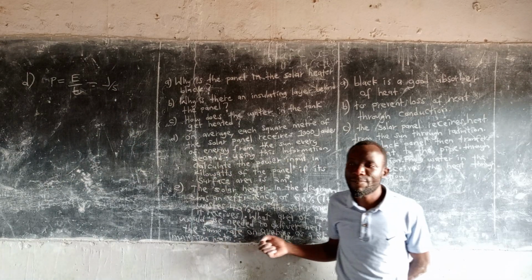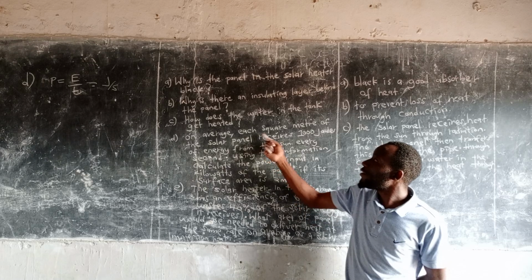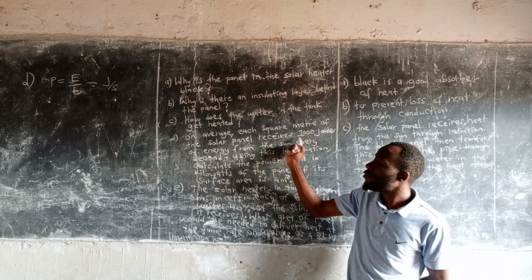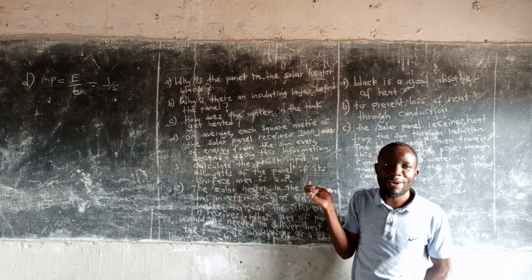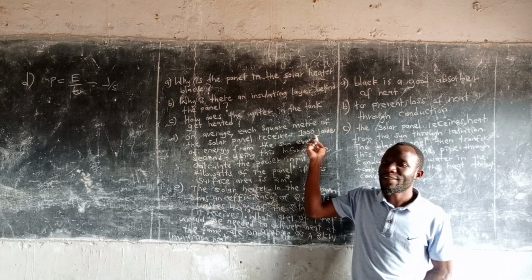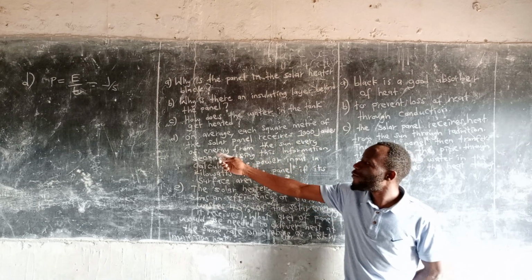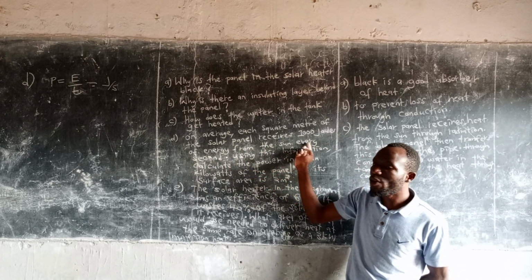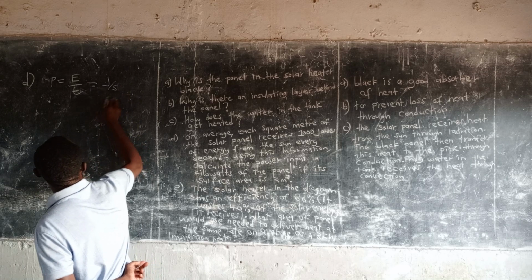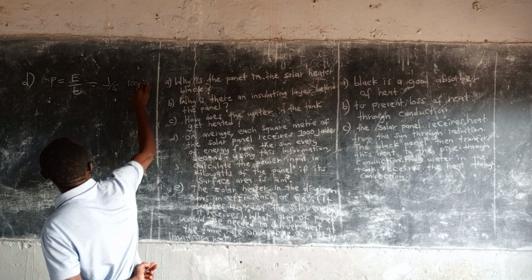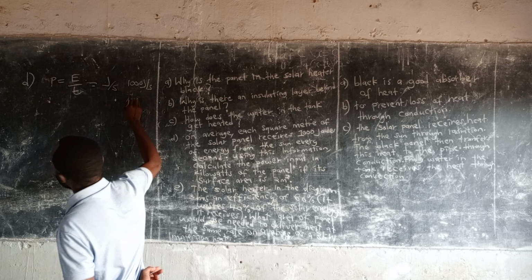Let's go back to the question. On average, each square meter of the solar panel receives 1,000 joules of energy from the sun every second. So each second it receives 1,000 joules.